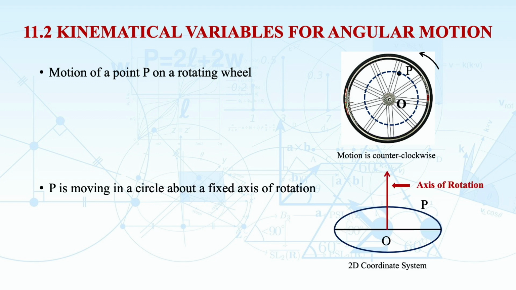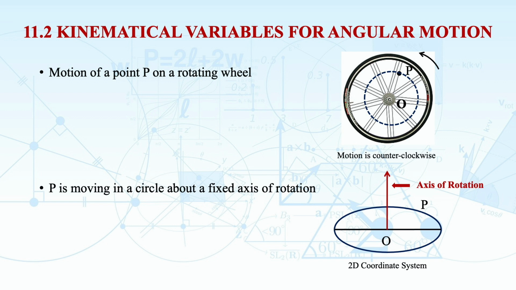The particle is P. It is moving in a circular path and the center of the circle is O, and this is the point through which the axis of rotation passes. So basically you have a particle P moving in a circular path about a fixed axis of rotation.